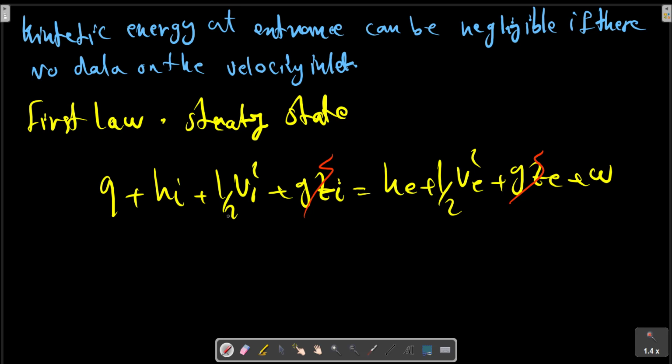And at the inlet we can say there is no work and no heat transfer.